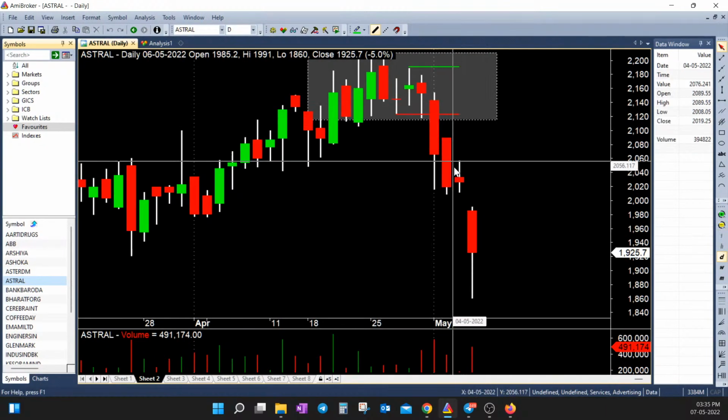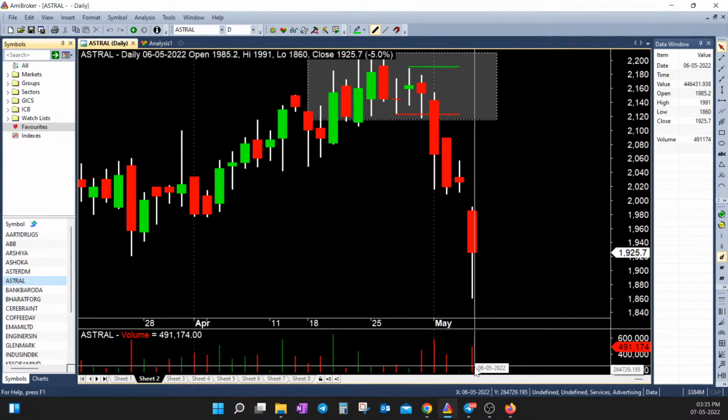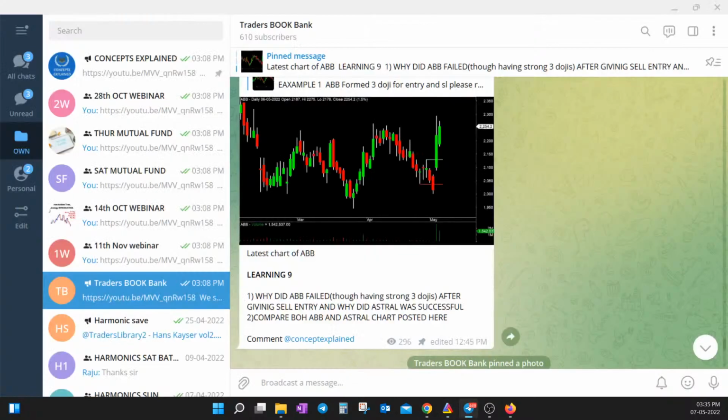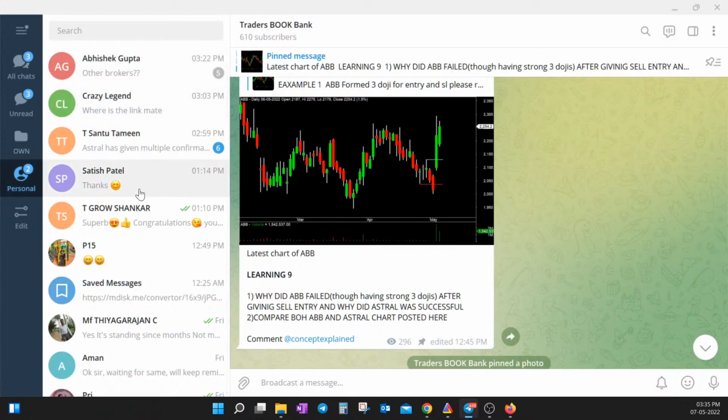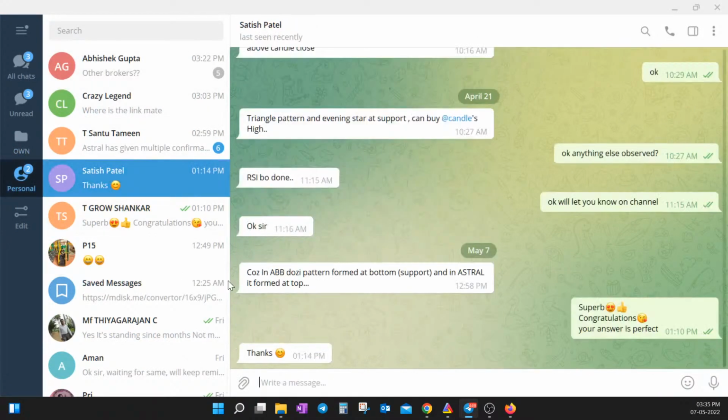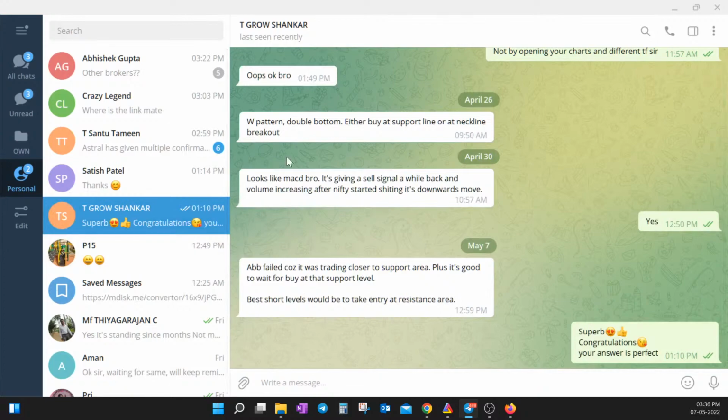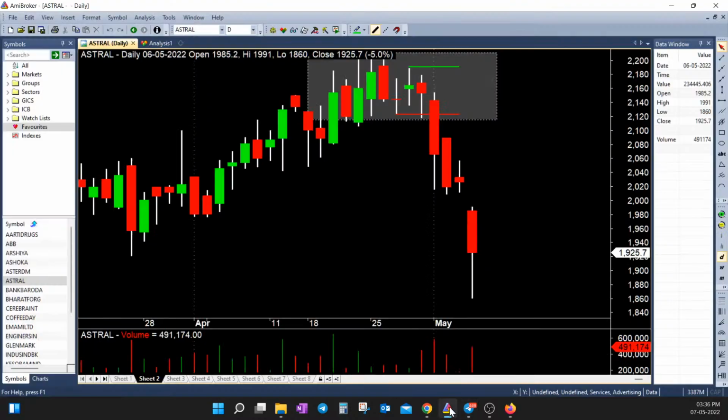So that is why this sharp fall down here happened. So that is the reason here. Well, many of you people have answered correctly. Okay, see, because ABB doji pattern formed at bottom support and Astral formed at top, so ABB has fallen down. So same, even Shankar has given the answer. Okay, so this is the reason.